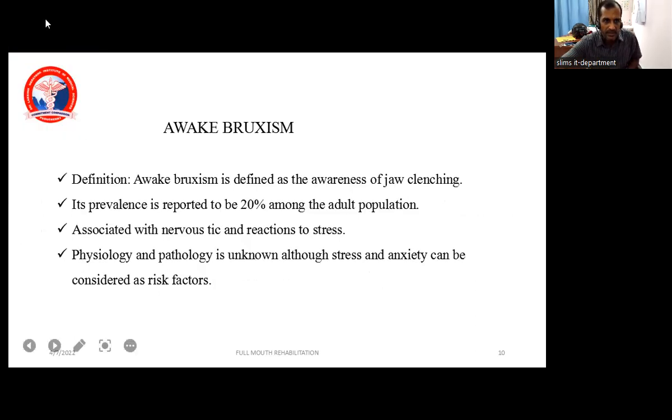Now regarding the first type, that is the awake bruxism, the patient will be aware of the jaw clenching, and this too will be around 20%, and is associated with nervous tic or reactions to stress. Very voluntarily the patient will be knowing, and the real pathophysiology is unknown, although stress and anxiety can be considered as risk factors for awake bruxism, mostly in the daytime.